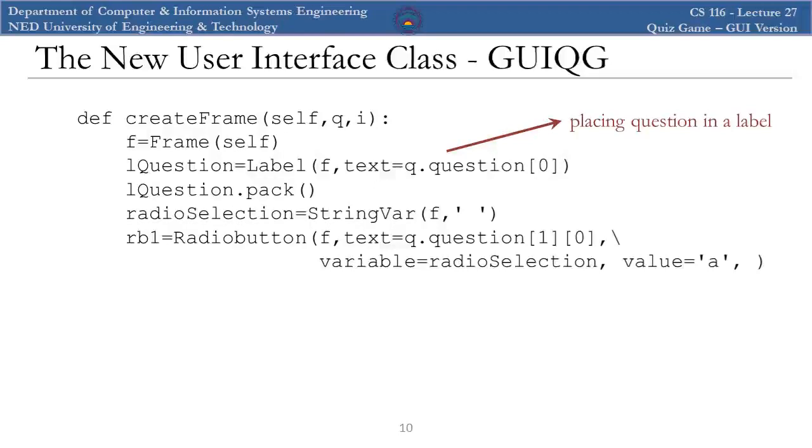And in the end, I'm assigning a value to this radio button. So the value parameter takes a value. I'm assigning this alphabet small a. That means if the user selects this radio button, my first radio button, then the value will be a, right? And since the value is of a string type, that's why I set radio selection to be of a string type. If you set a value to be of integer type or float type, then you use that GUI variable class accordingly, right?